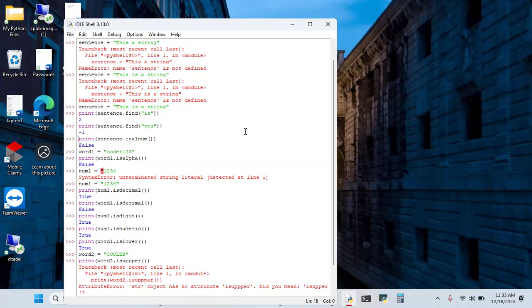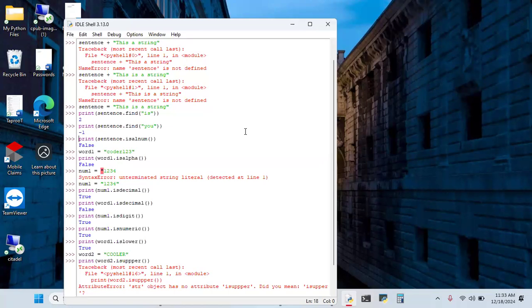Okay, so the next one we have there is the one that starts with is alnum. Now, the full pronunciation of that one is alphanumeric. Okay, so let's look at what it does. Yes, you're correct.